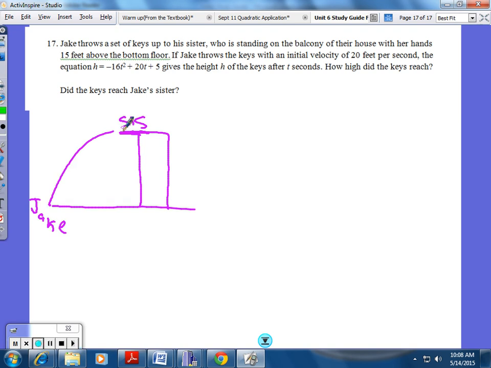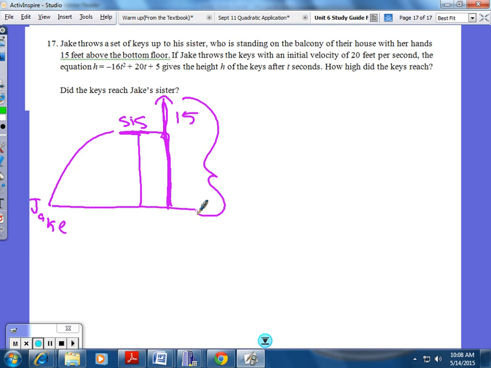It says that her hands are 15 feet above the bottom floor. The bottom floor is the bottom. So it's 15 from there to the bottom.